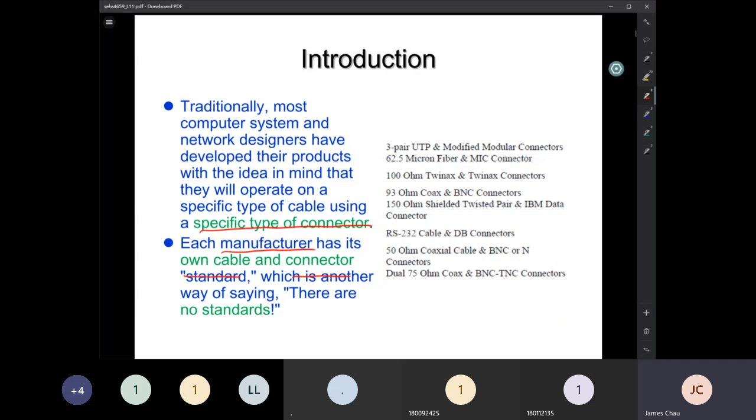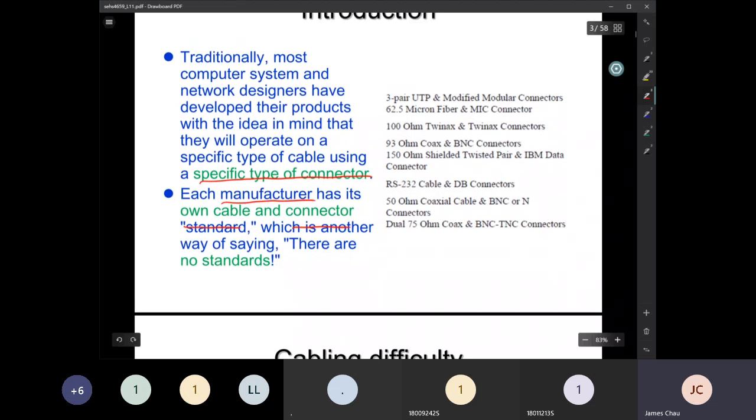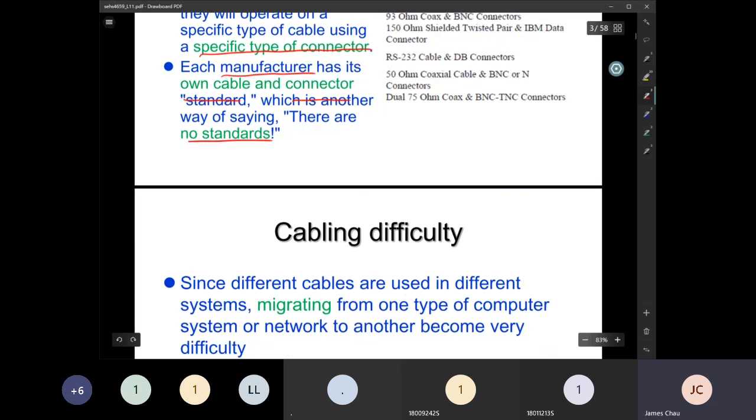If you are using an Android phone, it is using the USB Type B or Type C socket to make the connection. Therefore, you may see that different companies may use different connectors, and it makes our work to connect to a central monitoring system really difficult, because actually we don't have any standards on the connection. Okay, no standards.